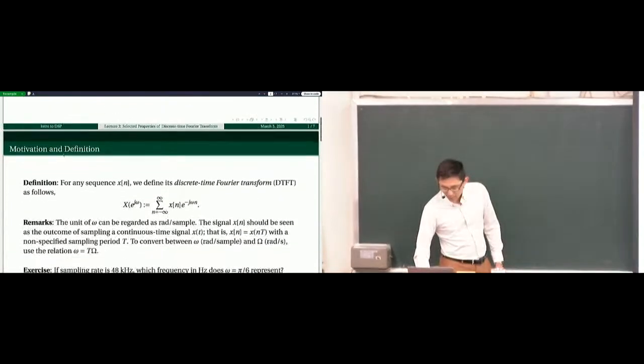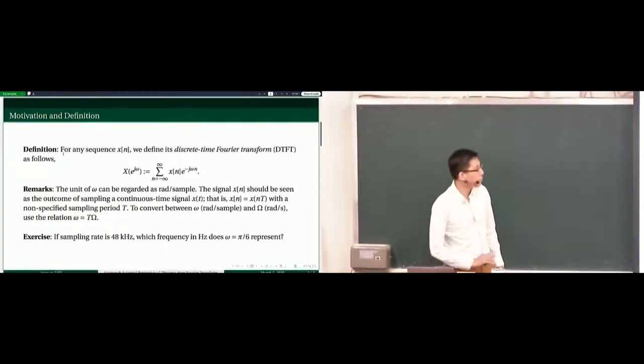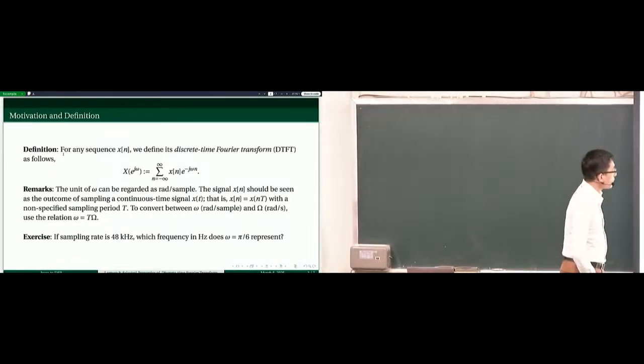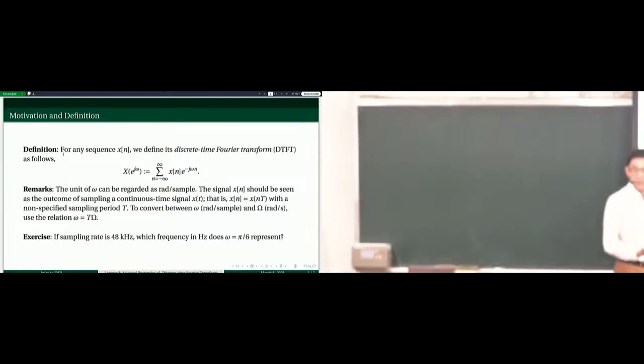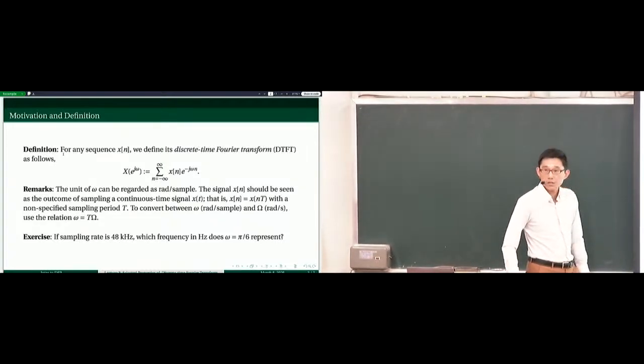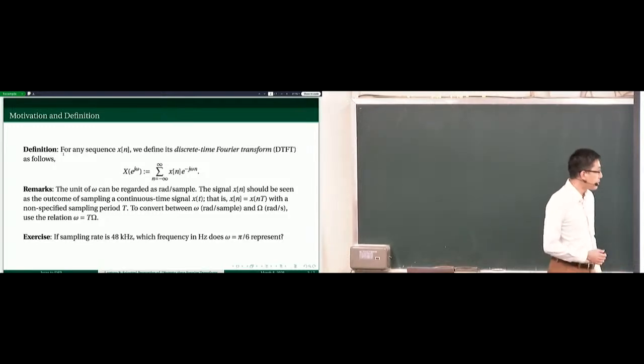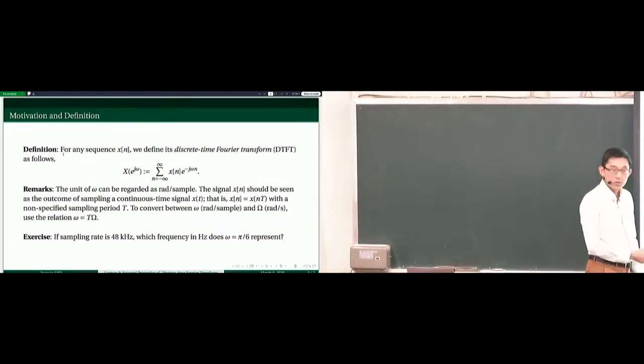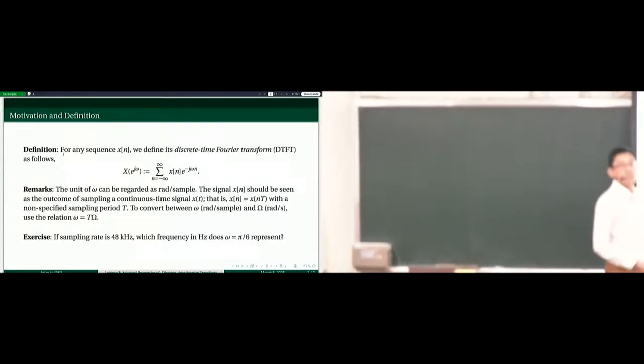With that, let's first look at the definition again. For any time domain signal x of n, being a sequence of numbers, let me emphasize one more time, n is an integer. N is a time index, and by default is an integer. So x of n, we multiply it with e to the minus j omega n.